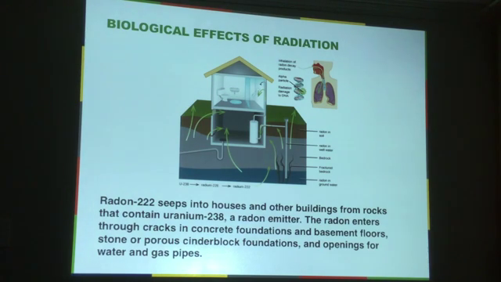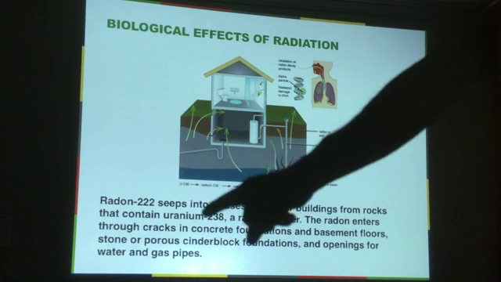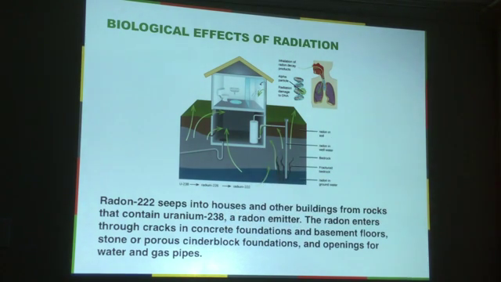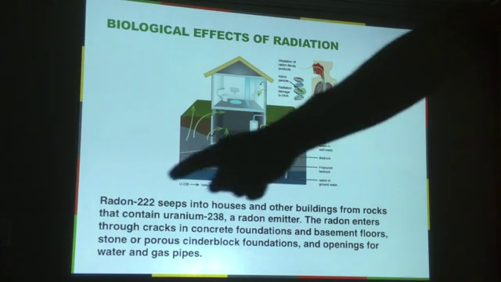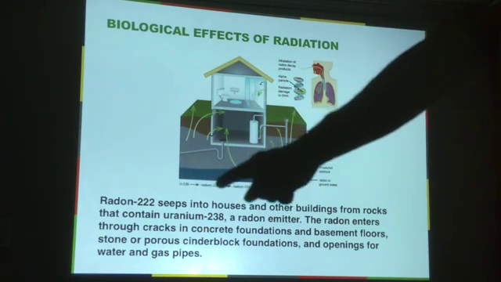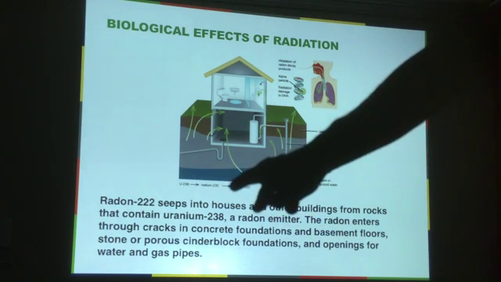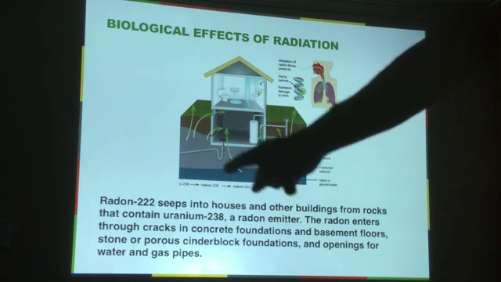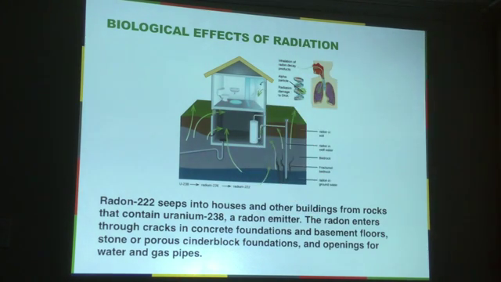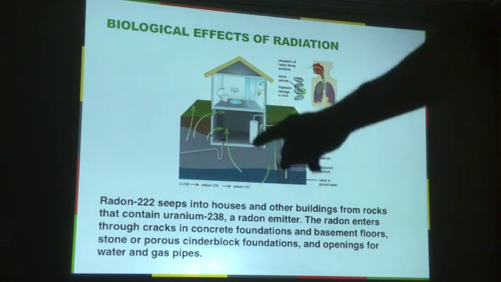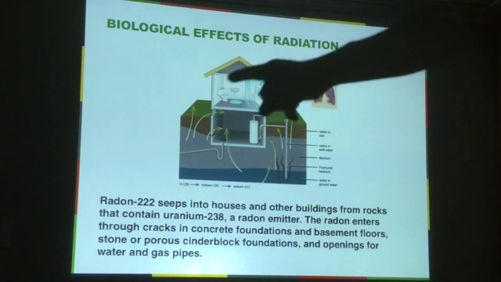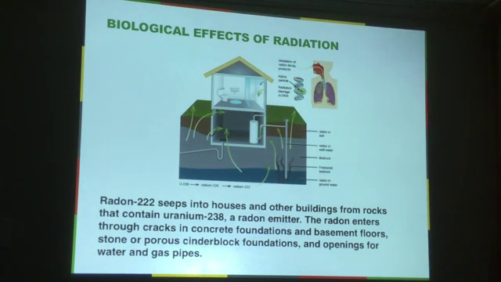Where that comes from is you have rocks in the environment that contain uranium-238, and uranium-238, when it breaks down, as you can see down here, breaks down to radium-226 and ultimately radon-222. And radon-222 is what enters into the home through cracks in the foundation and so forth. If it reaches a certain level, it becomes risky or dangerous to the people inside.